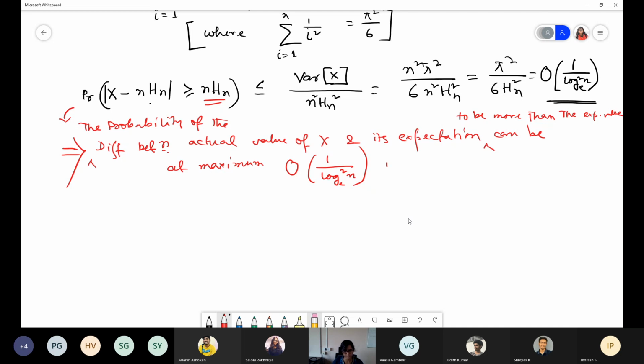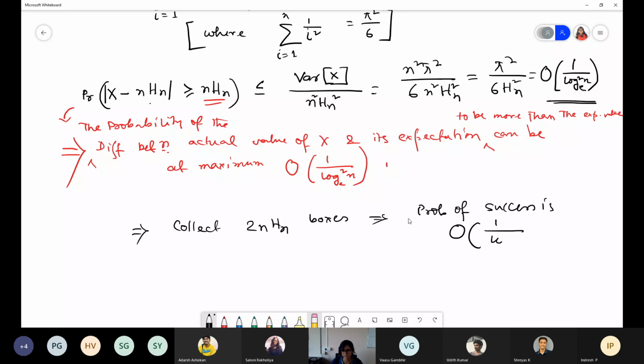If I collect 2 n Hn boxes, then the probability of success is order of 1 by log n square. Okay, this is the probability we are getting from Chebyshev inequality.